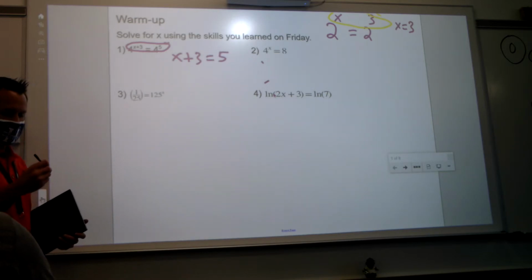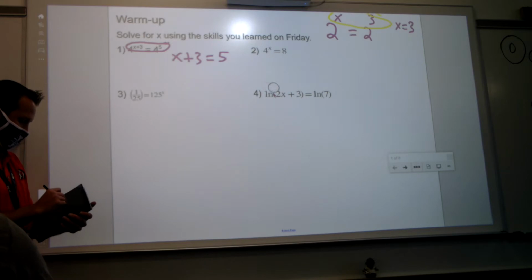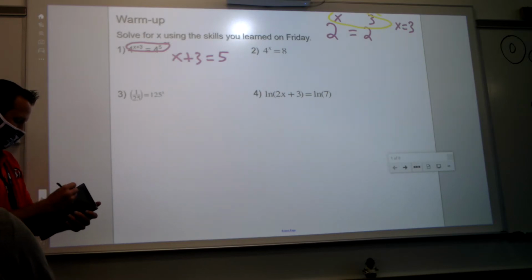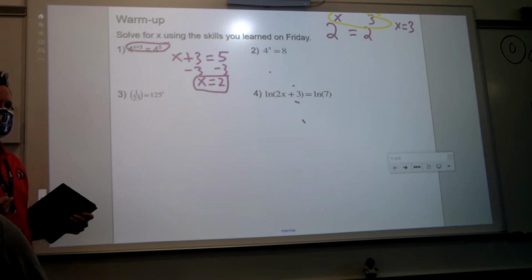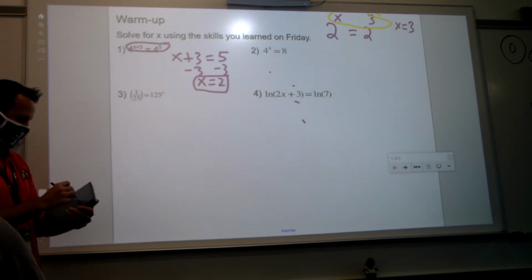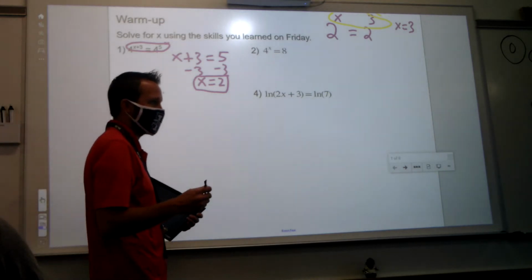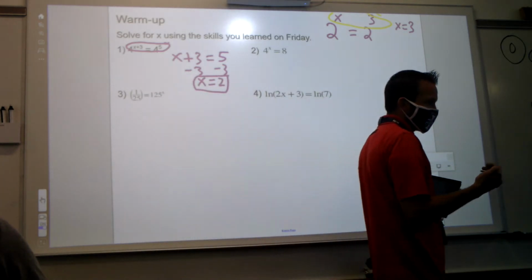Now on this one I'm going to have to do some algebra afterwards, but it's not that hard. How would I solve for x here, guys? Good, so I get x is 2. Okay, cool. There you go. That's the general idea. If you have an exponent set equal to an exponent and the bases are the same, you just set the exponents equal.